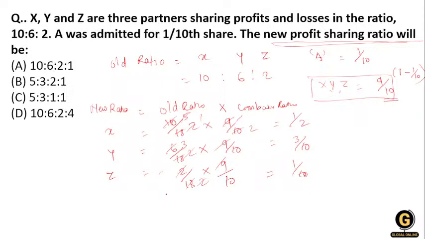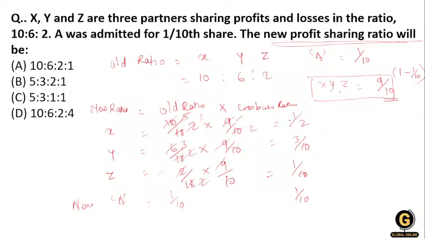Along with that, A is the new partner, and A's share ratio is 1/10. So here we get 5:3:2... we have to correct this numerator.